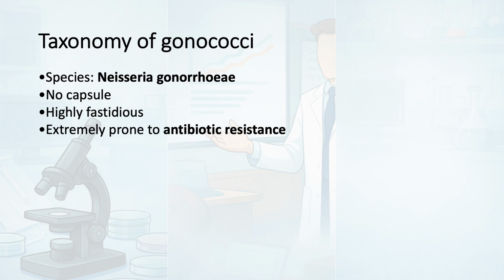What about the first one? Gono. What means gono? Gonads. What means gonads? Reproductive organs, exactly. So gono, you probably observed that most of medical terminology is coming either from Latin or from Greek.